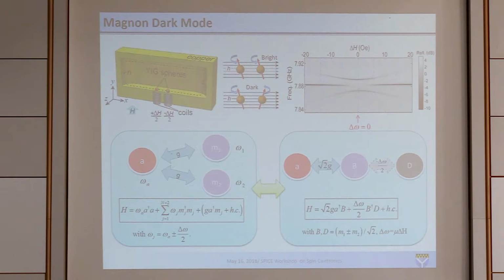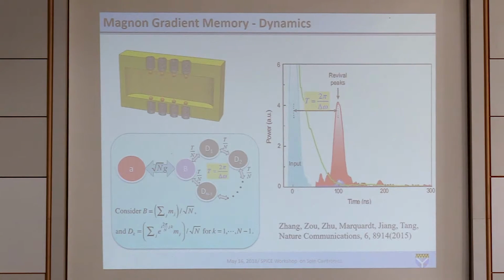You can also think of this in the time domain, and this is in collaboration with Florian and Lianjiang. Here, you use not two but eight spheres, all identical, and we also bias each sphere to have a different oscillation frequency. Basically, you build a gradient of oscillators, a gradient memory, so you have this echo behavior.